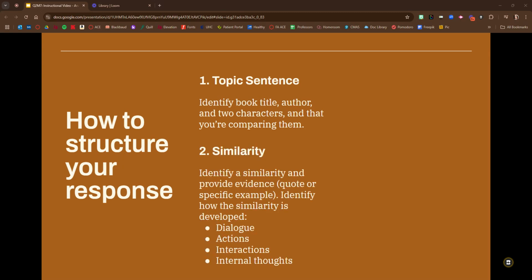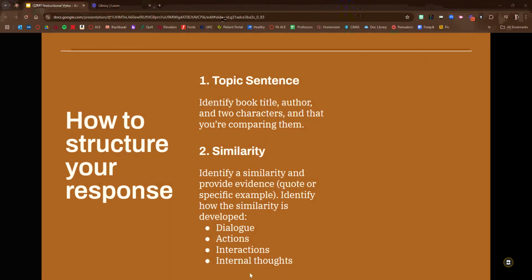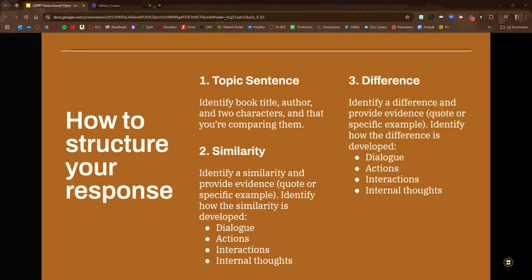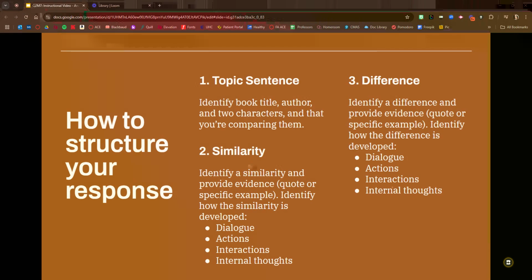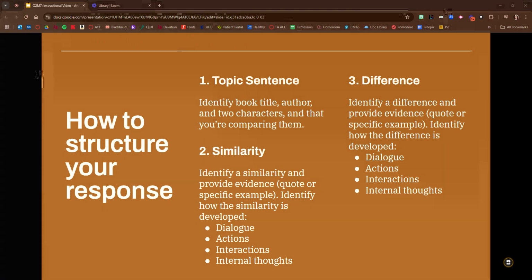Then you're going to move into similarities, and you're going to identify a similarity and how they are developed. They're both developed through their actions, or they're both developed through their interactions or internal thoughts. Then you're going to identify a difference and provide evidence again, highlighting how they are developed differently from each other.